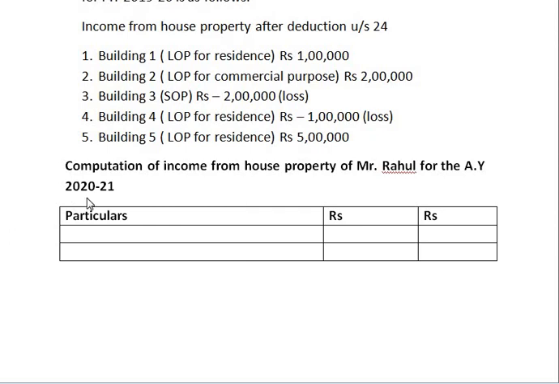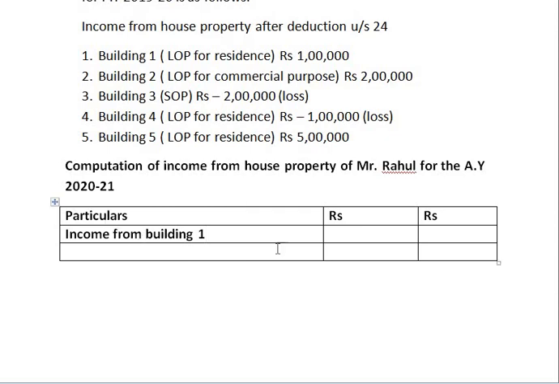So here building 1, take down income from building 1. If you want, you can write it in bracket LOP for residence, LOP for commercial purpose, otherwise income or loss is sufficient.